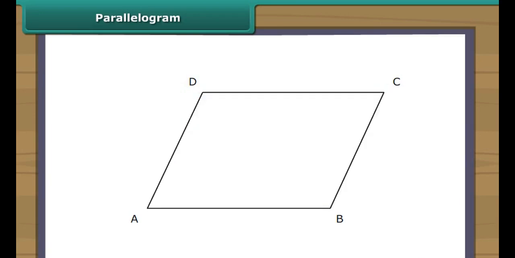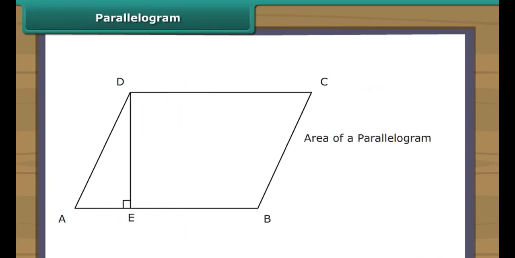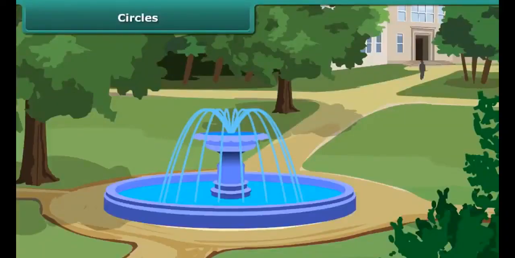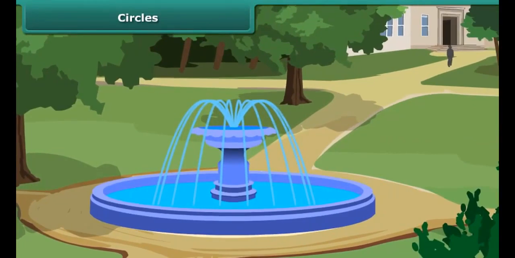For this you require the measures of the base and the distance between corresponding parallel sides. The area of a parallelogram is the product of its base and the distance between the parallel sides, that is, the height of the parallelogram.